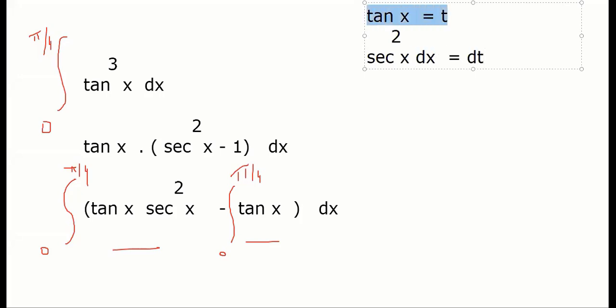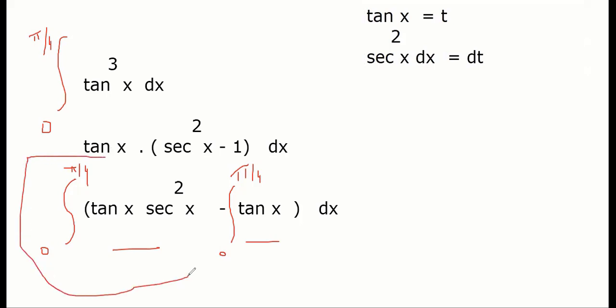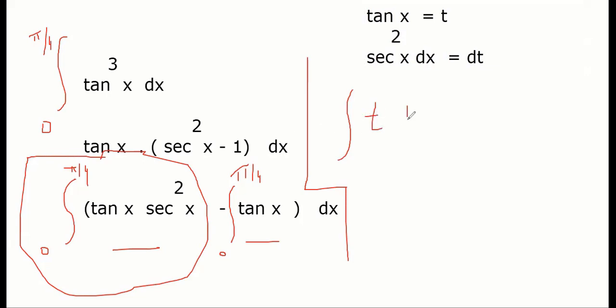We just differentiate this with respect to x, so tan x differentiation is secant square x dx equals dt. Now when you substitute tan x equal to t, the first is the integration of t, and secant square x dx is dt. This becomes so easy.